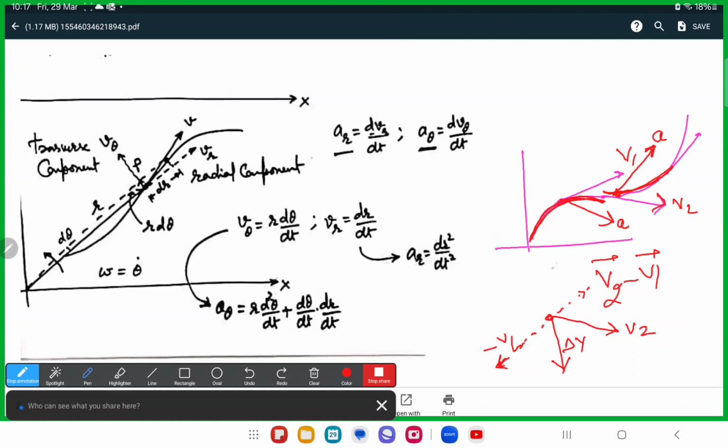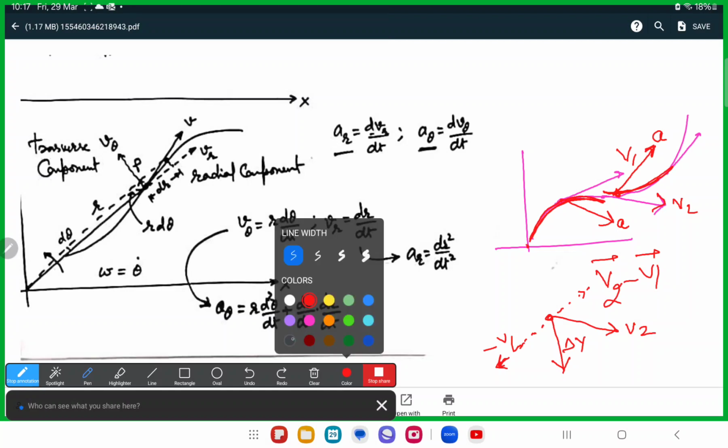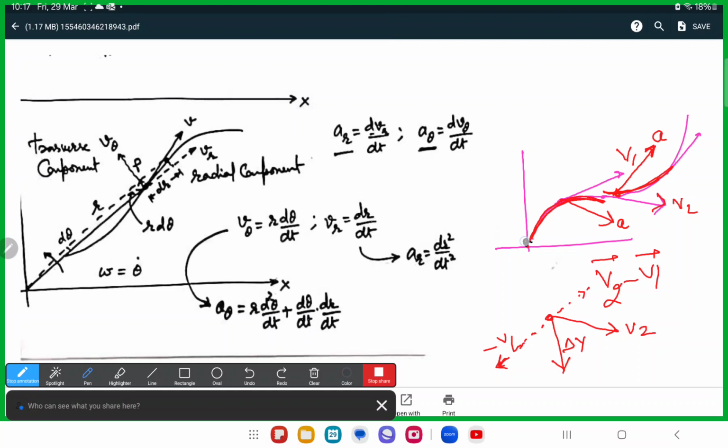And here my point is, if we consider this axis as a reference, then this velocity has two components. One is v theta, and the next component is called radial.